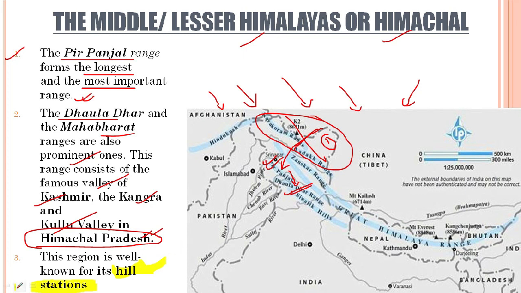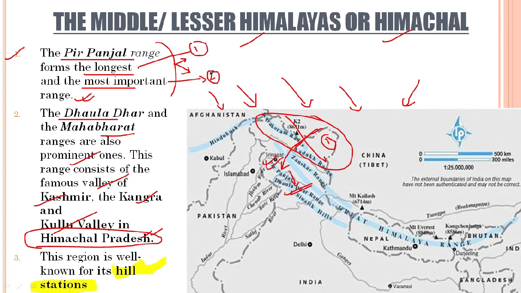Clear? Now one more important aspect of the learning: one direct question, in fact two questions, can be raised from this point, such as number 1, which is the longest range of the lesser Himalayas, and number 2, which is the most important range of the lesser Himalayas.